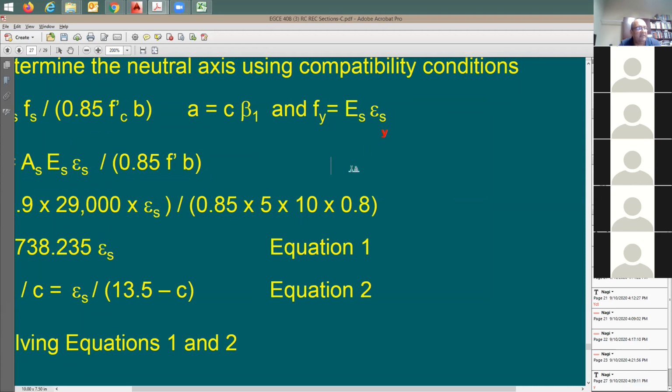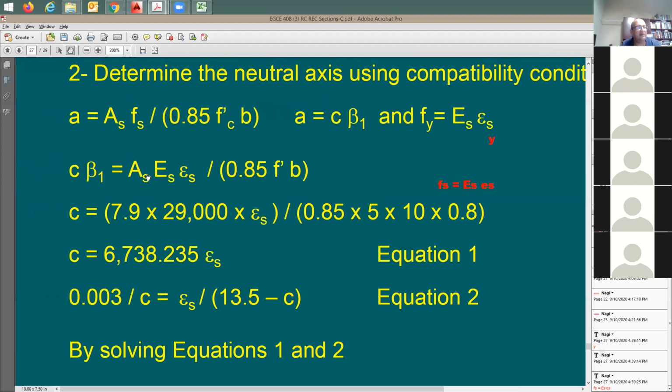At any point you can say Fs is equal to Es times epsilon s. This is the general way of looking at this equation, the general equation. At one specific point, you can say Fy equals Es times epsilon y. This is a special case, but here's the general case. So what I'd like you to use is this one. This is exactly what I have used here.